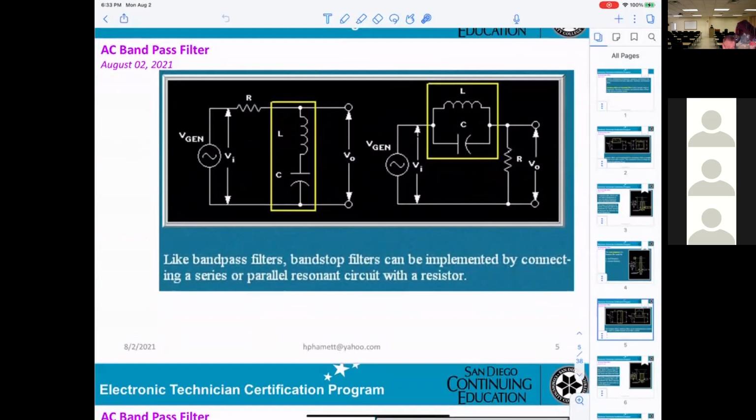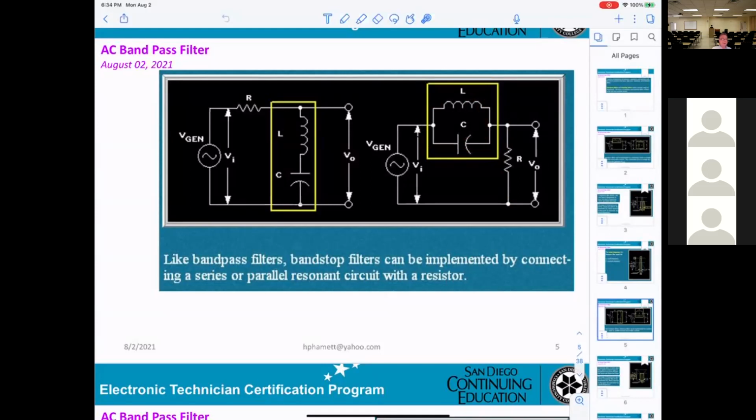Like the band pass filter, the band stop filter can be implemented by connecting a series or parallel resonant circuit with a resistor. So now you get either series LC, or you can get LC in parallel, then in series with R. The only thing I want to make sure is that when you're looking into the circuitry, you know the name of the circuit.